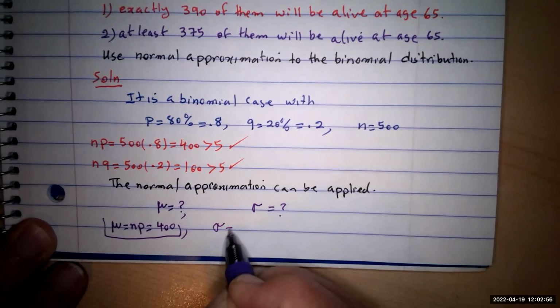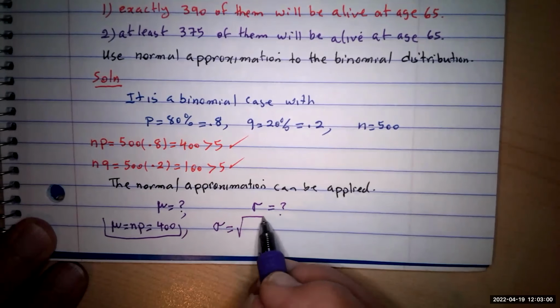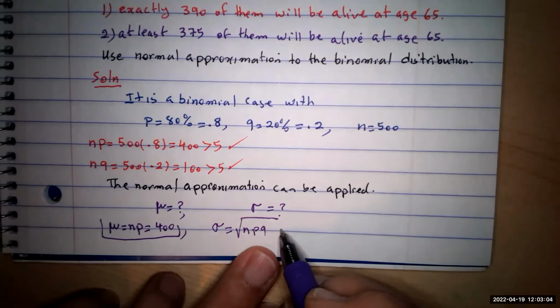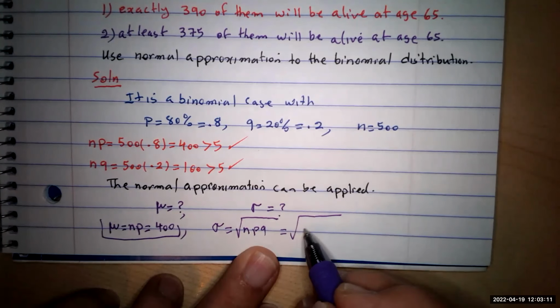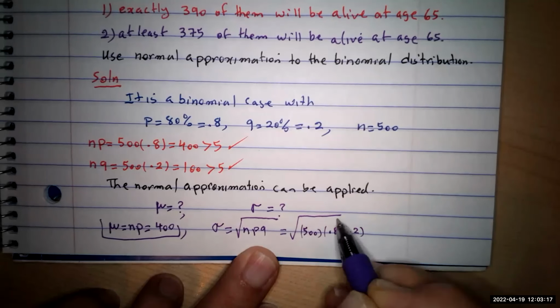A standard deviation, you have to find it. For the binomial distribution, it's going to be the square root of npq. Substitute: 500, 0.8, 0.2.